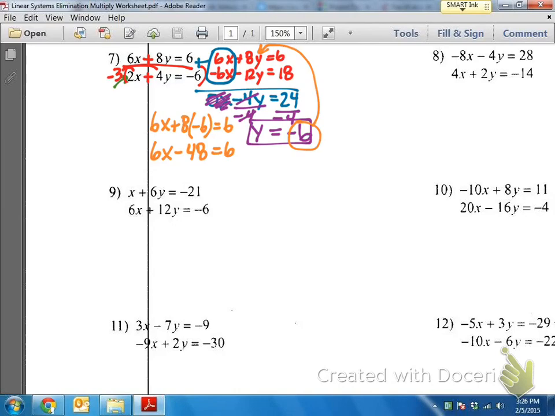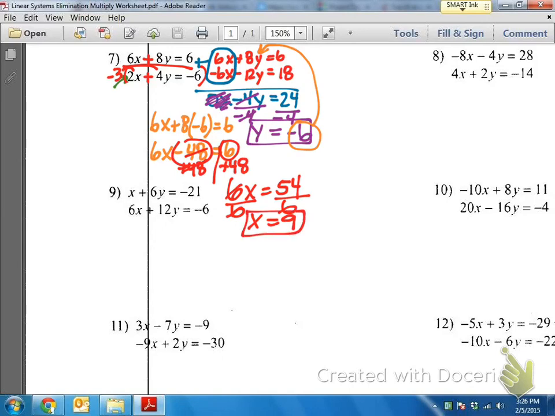Then, to get x by itself, we add 48 to both sides. 6x equals 54. Final step, divide by 6. x equals 9. So x equals 9, y equals negative 6. Remember, when we have a system, I have to write my final answer as an ordered pair, so my answer is 9, comma, negative 6.